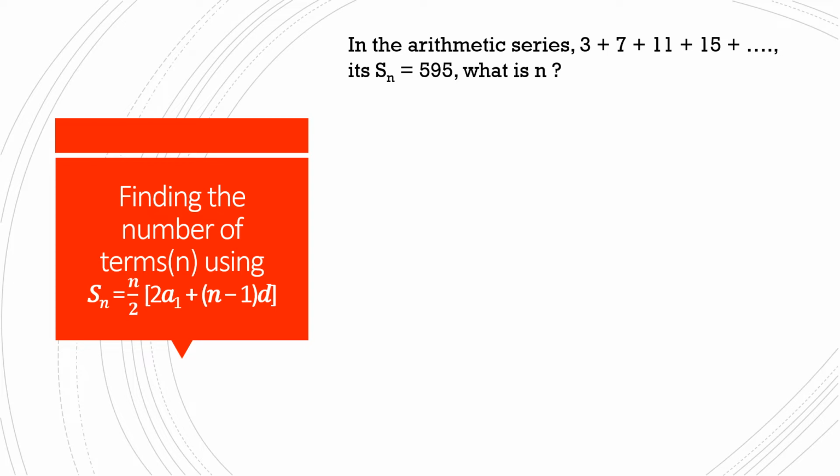Okay, so first let us gather all the information. We have the sum, which is 595, the first term, which is 3, while our d there is 4 because 7 minus 3 is equal to 4.